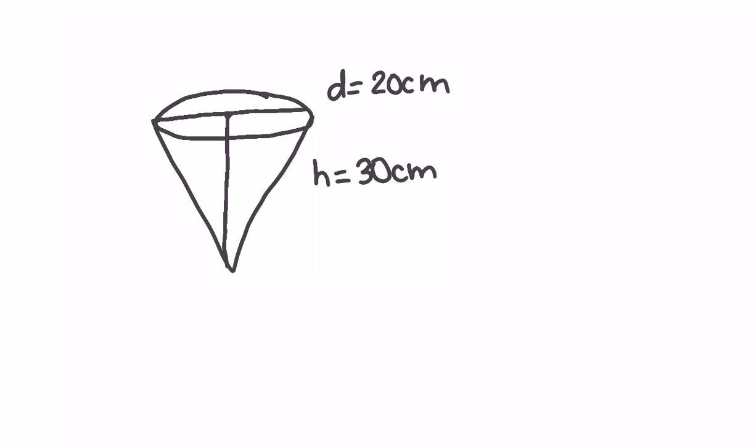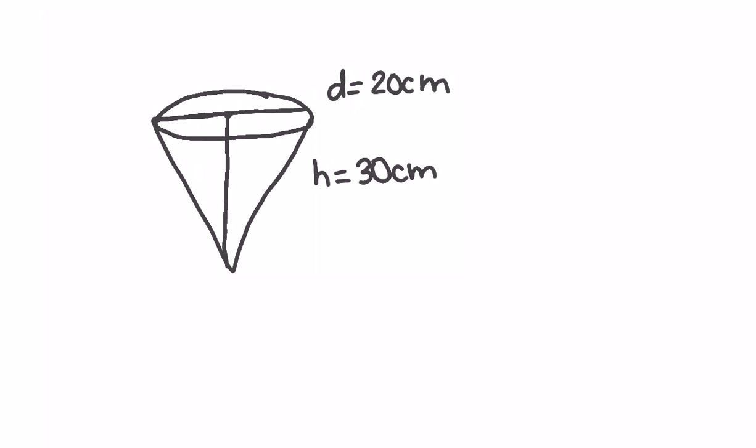Now, it's important to notice that this is the height of the entire funnel, and this is the diameter of the base of the funnel, or the mouth opening of the funnel. That's important because as we go on, those values will change if you're talking about the liquid in the funnel.